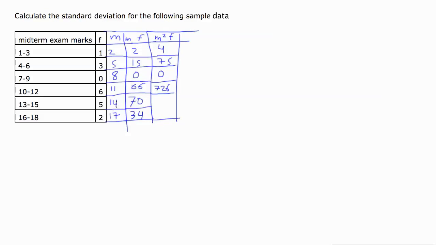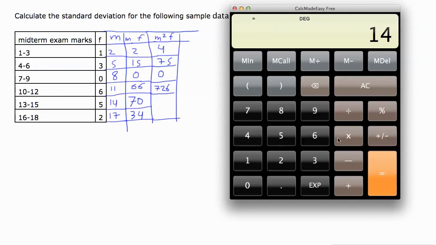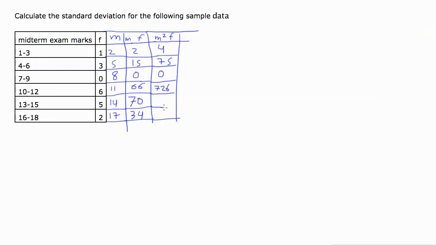Okay, and then again, m square f, you can square this 14 and multiply it by m as another choice. So let's do that. m square f is just m multiplied by m multiplied by f. That's the idea. So I can just say that, just to try it for you. 14 times 14 times 5. That gives me 980. Okay.